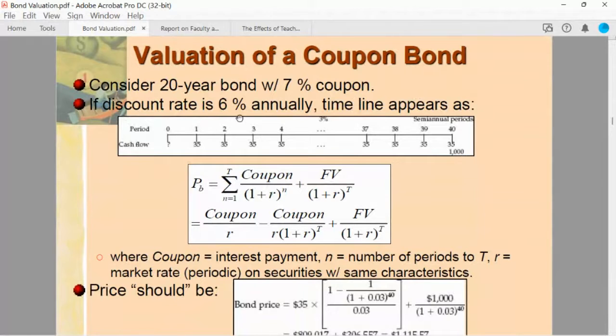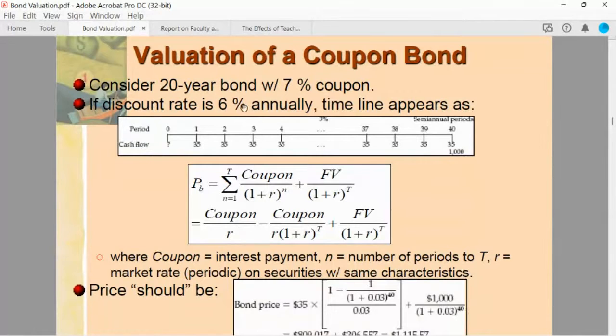And if the discount rate is 7%, not 6%, then it will be discounted back to exactly 1,000. It should be exactly the par value.